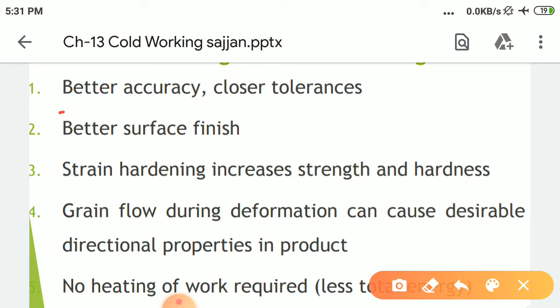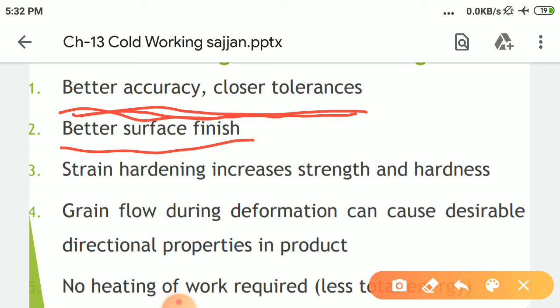In cold working we will get better accuracy and closer tolerance, both are the same point, and better surface finish, because in hot rolling impurities will come over the surface, so the surface finish will not be good. But in cold rolling the surface finish will be good, provided the material you have taken has no impurities on the surface initially. If it has a good surface, then cold working will not damage it. That is the point I would like to make here. Cold working does not affect the surface finish, but hot working affects it and reduces the surface finish.